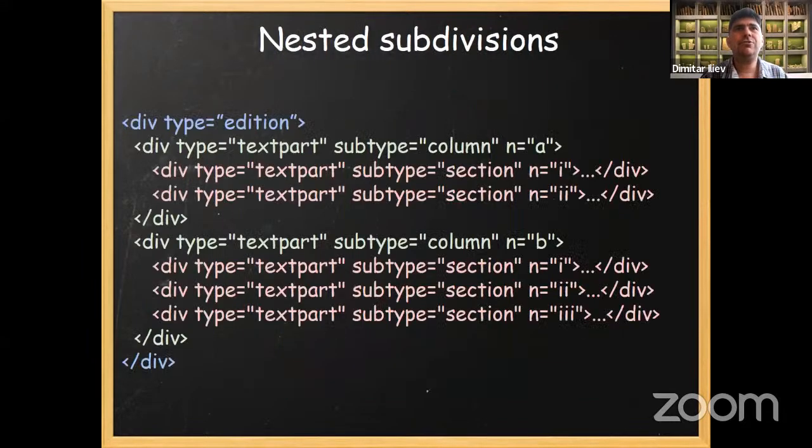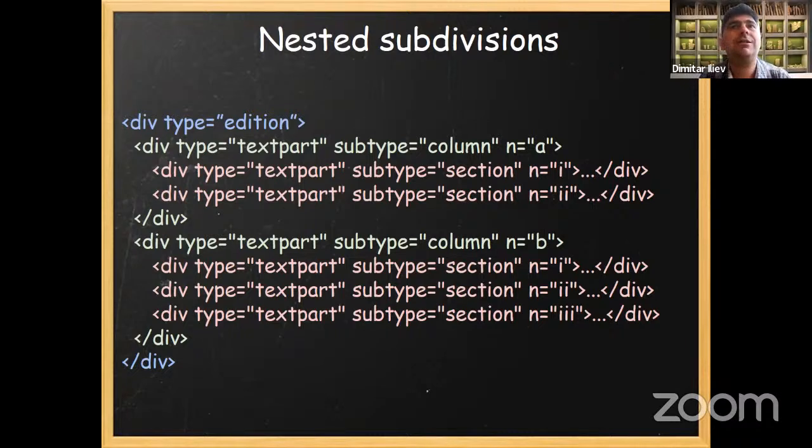You can do this with nested subdivisions: div type textpart subtype column, number A. This is one of the recursive elements that you have, such as provenance type found or provenance type observed. You can have div type textpart within div type textpart, and provided that you give different names to the subtypes and different numbers to the subtypes, this should be no problem.